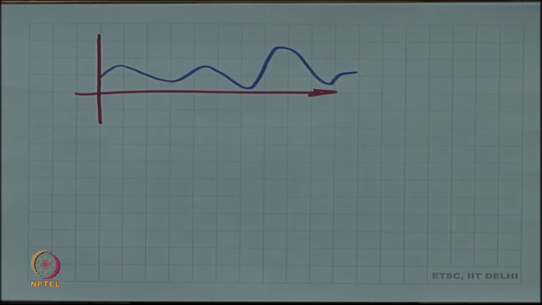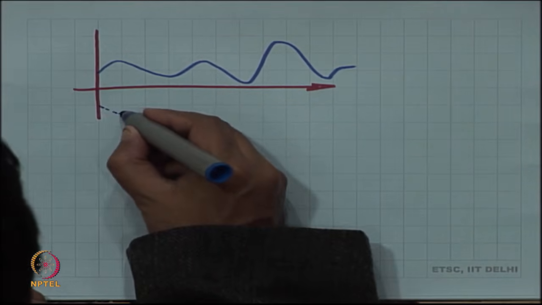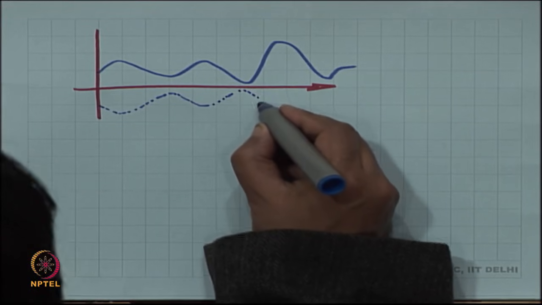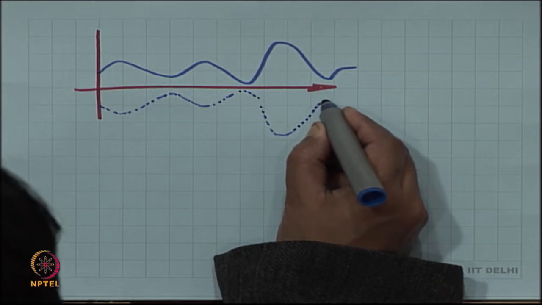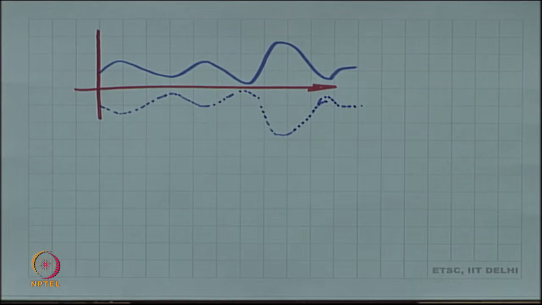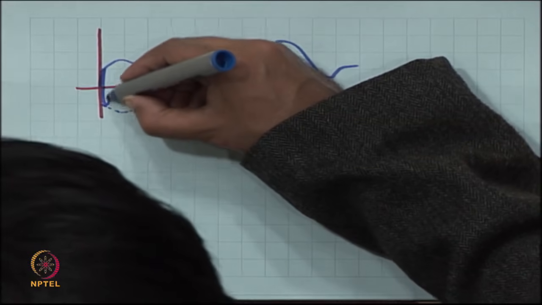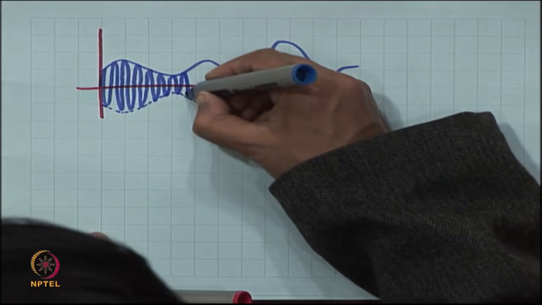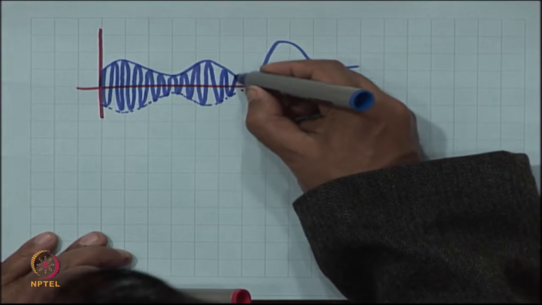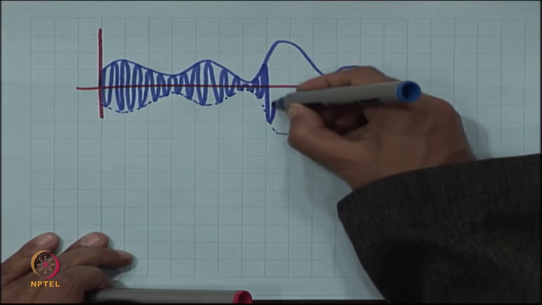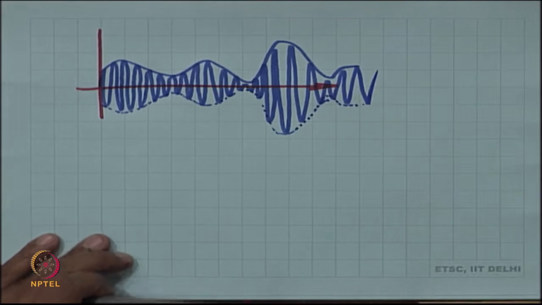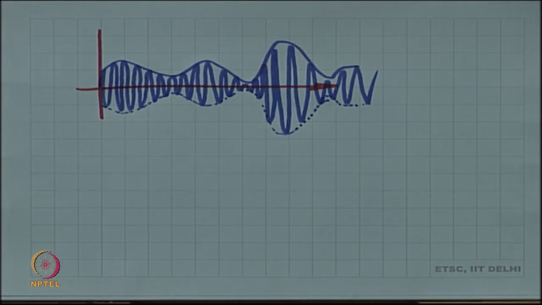When you multiply by the carrier, effectively what you are going to do is, and remember the carrier frequency is much larger than the message signal. That is how it is.